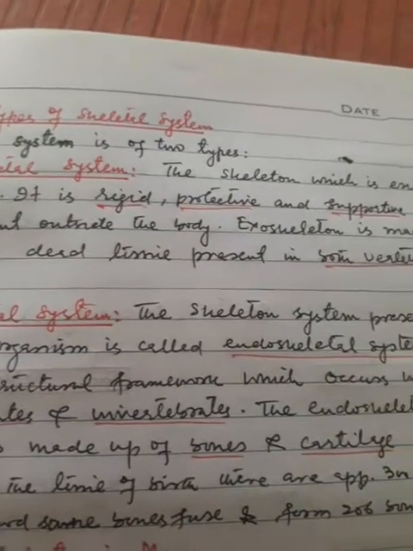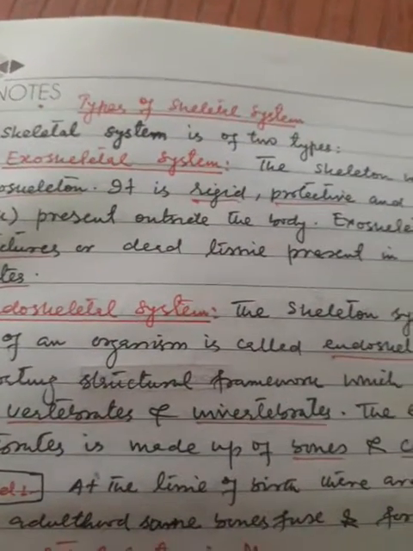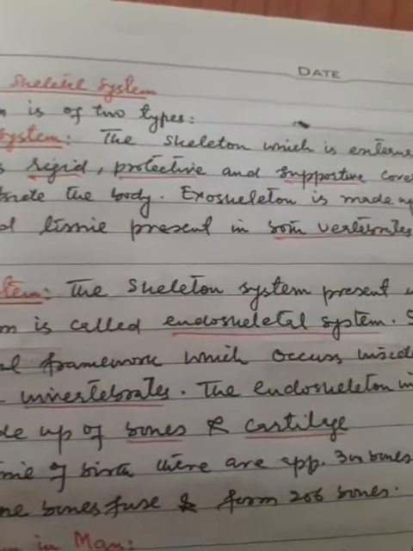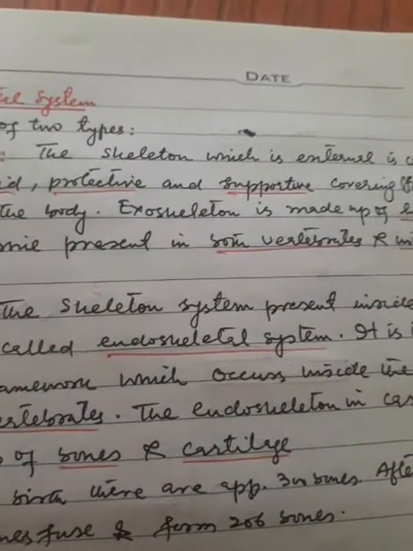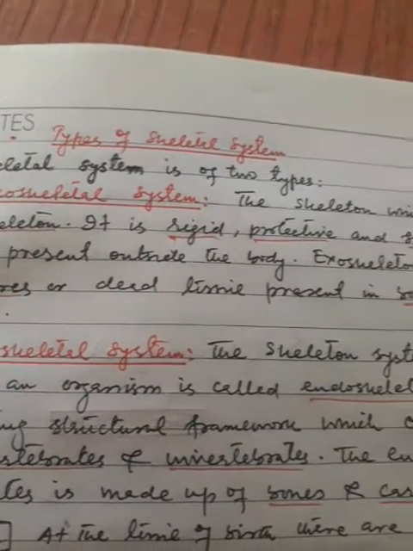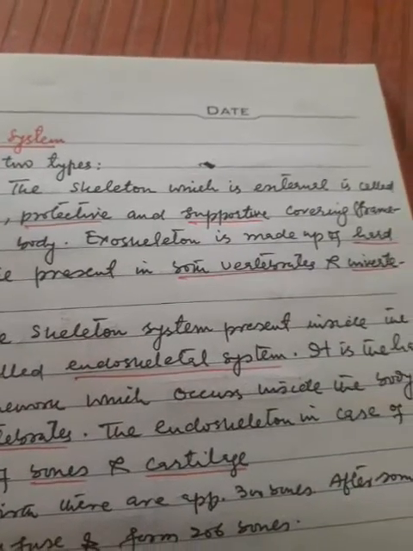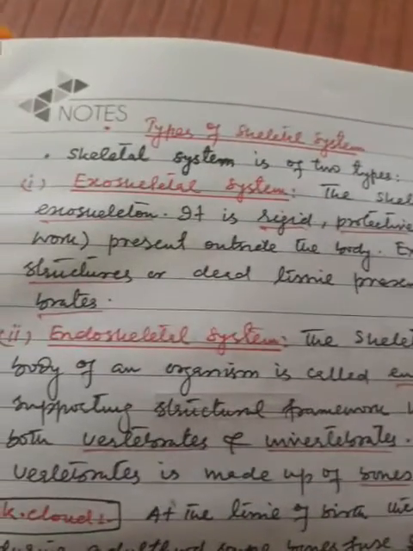It is a rigid, protective and supportive covering or framework present outside the body. Exoskeleton is made up of hard structures or dead tissue present in both vertebrates and invertebrates.